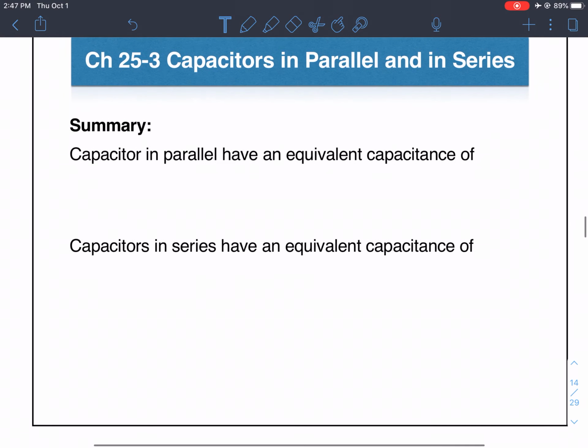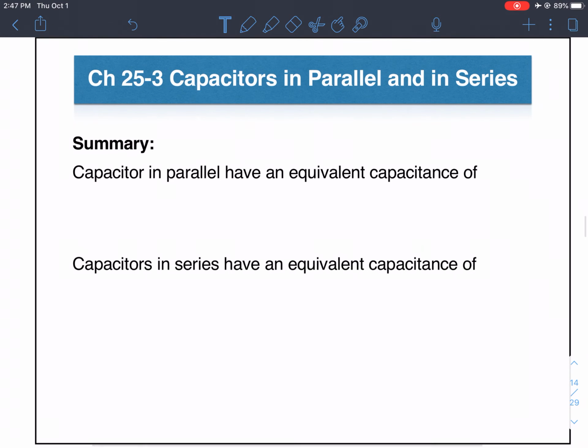So to summarize it, capacitors in parallel have the equivalent capacitance of, and if you don't necessarily have only 3 of them, more generally, we are going to sum up C_i. So it's basically 1, 2, and however many you have, you're going to keep adding them.